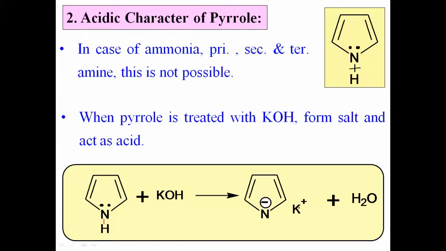The N-H bond breaks, H+ comes out, and that H+ and OH form H2O, leaving nitrogen with a negative charge and potassium with a positive charge. Actually, pyrrole shows acidic character only when it reacts with a strong base. When treated with potassium hydroxide, it loses that proton, the bond between N and H breaks, and there is formation of salt and water. This reaction also supports the acidic character of pyrrole. This is just about the acidic nature of pyrrole.